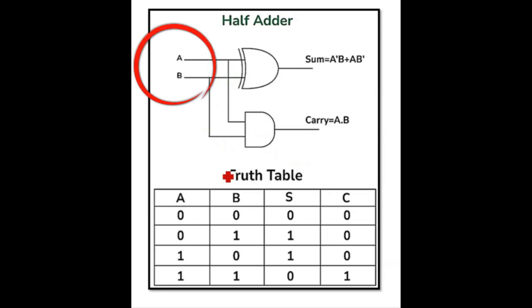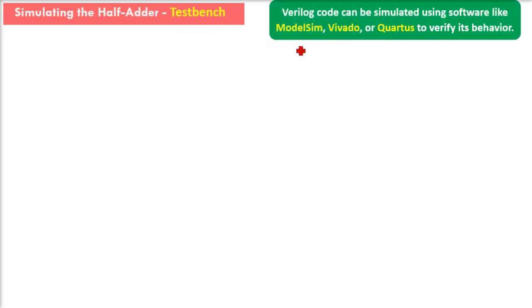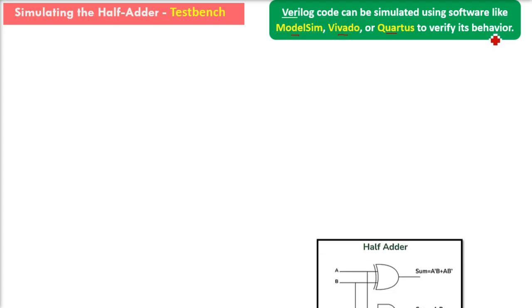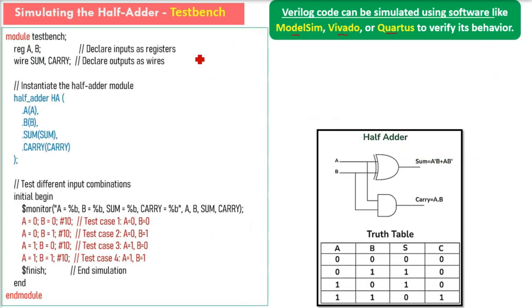Once this is done, we simulate the half adder. So we can simulate this Verilog code using software like ModelSim, Vivado or Quartus to verify its behavior. A simulation test bench might look like this.